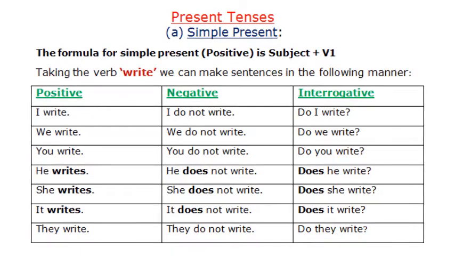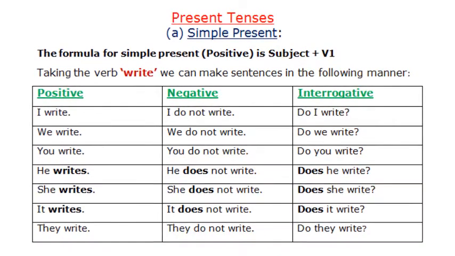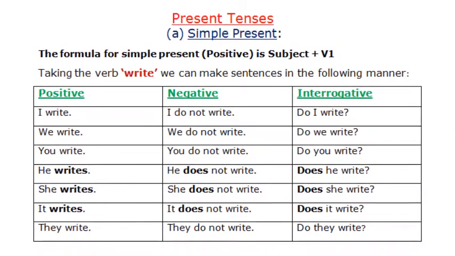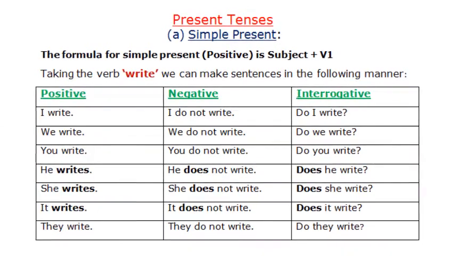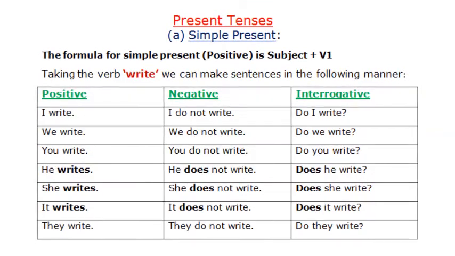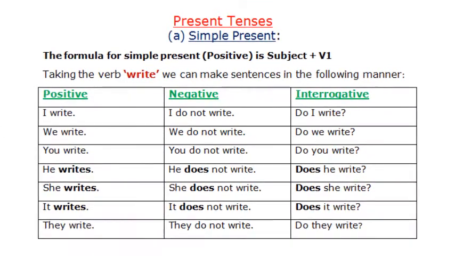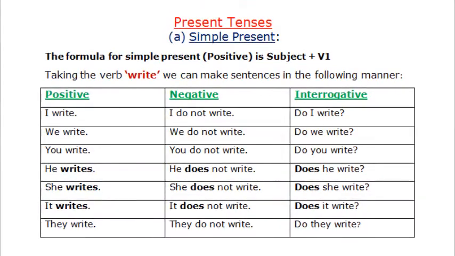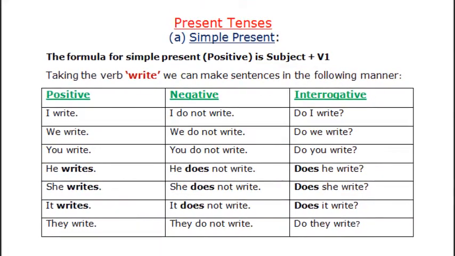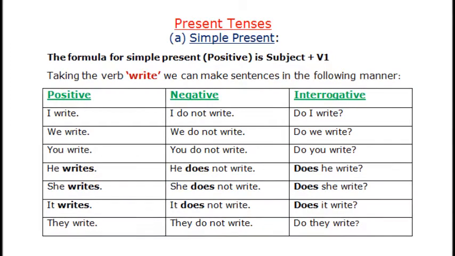I write, we write, you write, he writes, she writes, it writes, and they write. These are positive sentences in simple present tense.